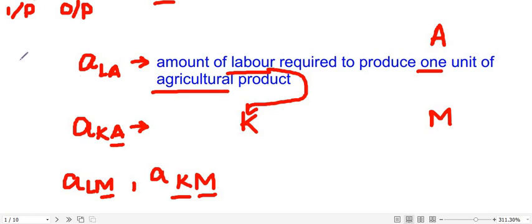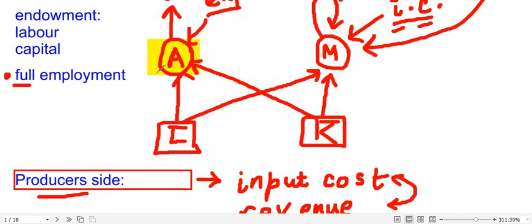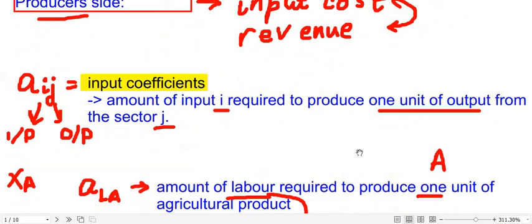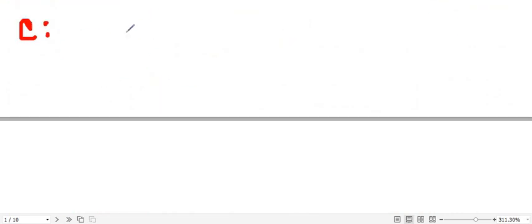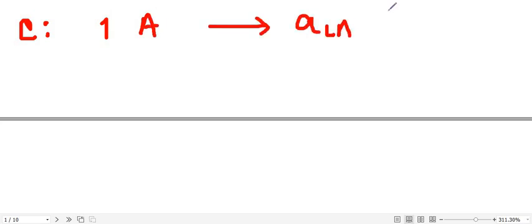If I want to produce XA amount of agricultural product, so suppose this entire sector produces XA amount of agricultural product, 1 unit needs ALA. Let me just write that down below as well, because there will be more space. 1 unit of agricultural sector uses ALA amount of labor.